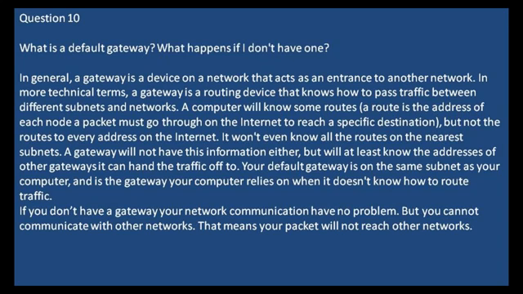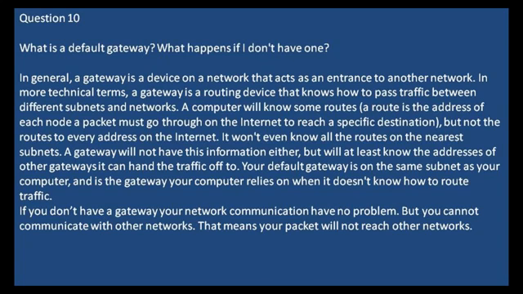A route is the address of each node a packet must go through on the Internet to reach a specific destination, but not the routes to every address on the Internet. It won't even know all the routes on the nearest subnets. A gateway will not have this information either, but will at least know the addresses of other gateways it can hand the traffic off to.